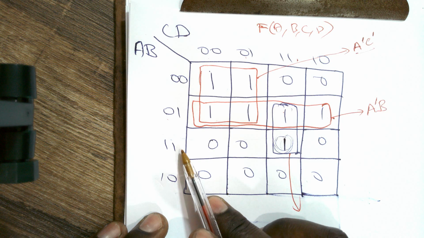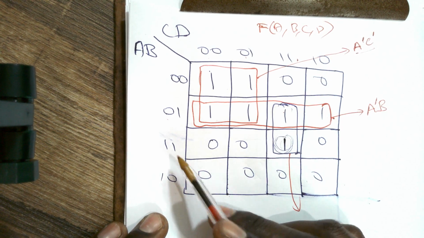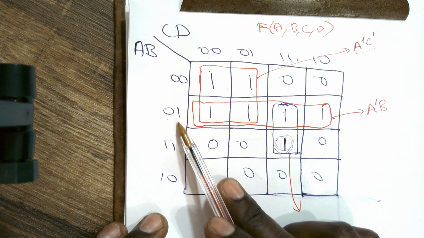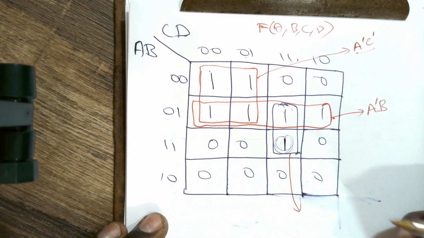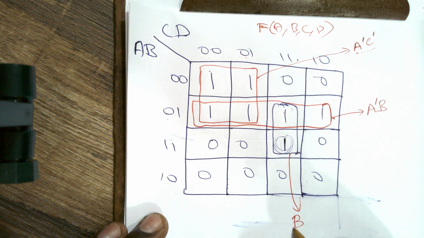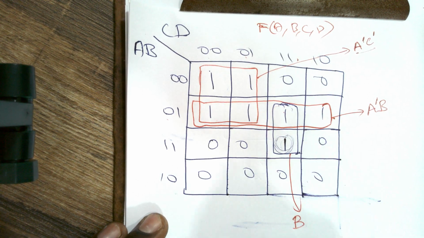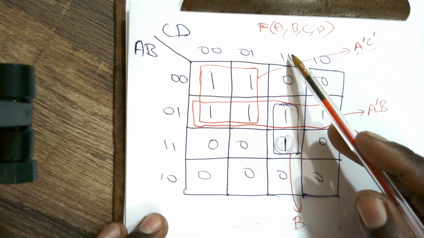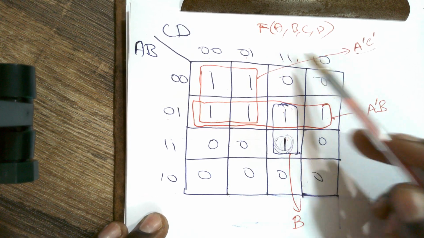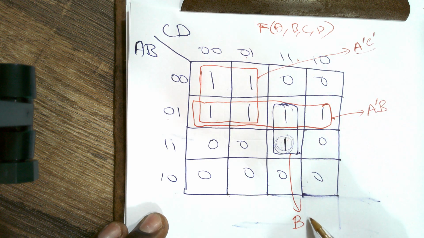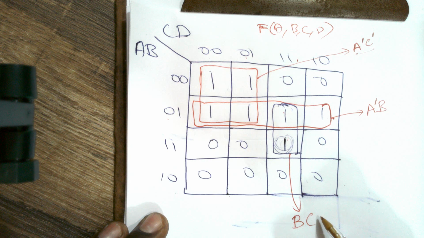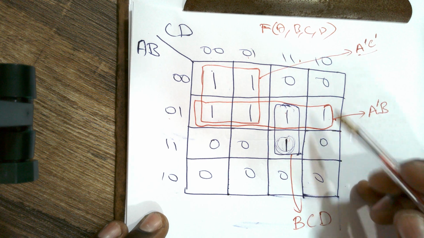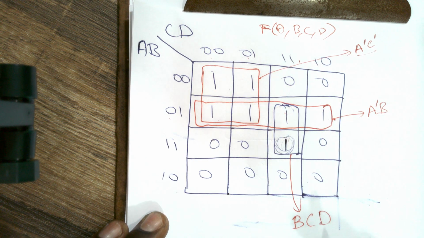A is equal to 0 for one of them, A equals 1 for one of them. B equals 1 is common to both of them. So one of the parts of the expression here is B. Looking vertical, both ones satisfy the C equals 1 and D equals 1 condition. So C equals 1, which is C, and D is equal to 1. So the expression for that circle of 2 is B, C, D.